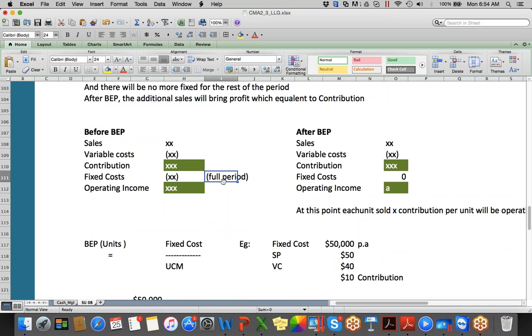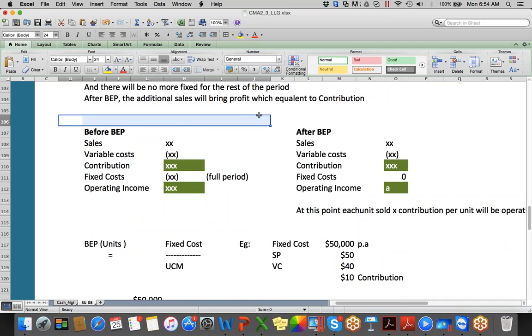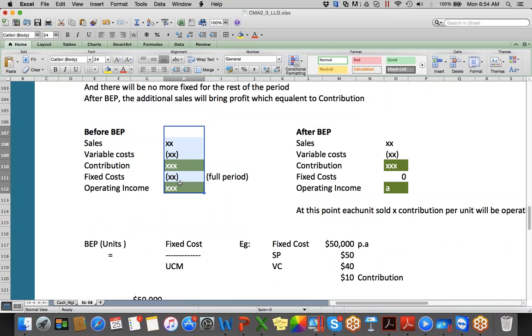But this fixed cost is recovered for full relevant range. You may sell entire year 50,000 units, 40,000 units, 30,000 units. But how many units are you selling here to reach break even level? Operating profit is zero. Break even point, operating profit is zero.